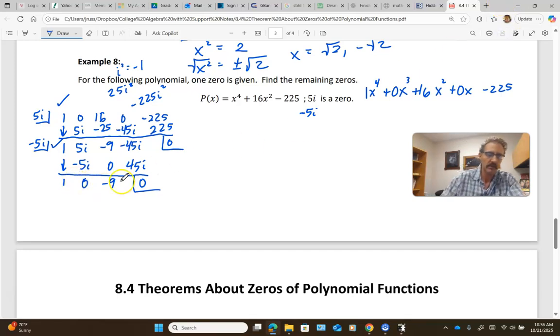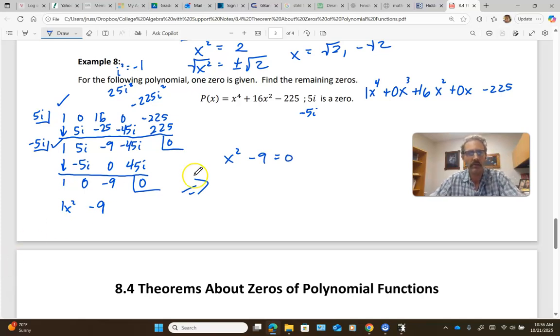Okay, so I'm going to go ahead and add the x's here. We're not going to have an x term because there's a 0 there, but this is my quadratic factor here. And so if I carry that over here, x squared minus 9, and we set that equal to 0, you can either use the quadratic formula. Your a would be 1, your b would be 0, and your c would be negative 9.